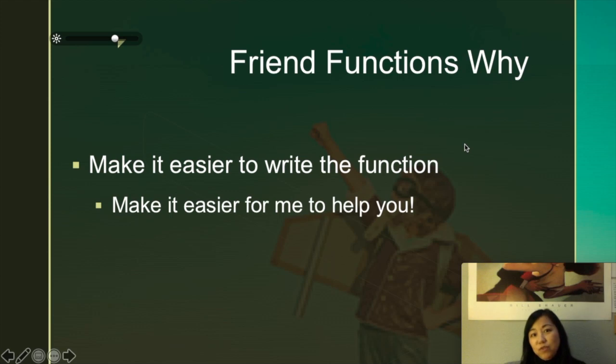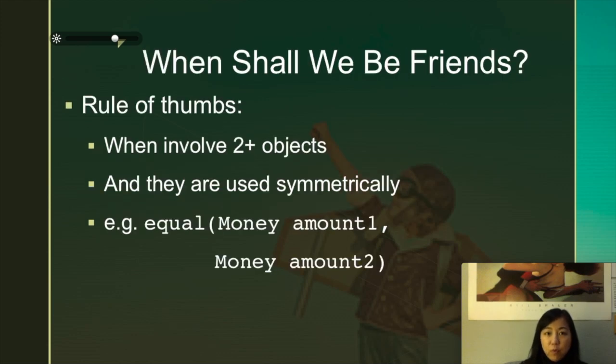So why do we want to use friend functions? We want to make it easier to write functions, make it easier for me to help you, makes it easier for your friends to help you. So when would we be using friend functions? Like we saw earlier, you can use a friend function to do the same thing.